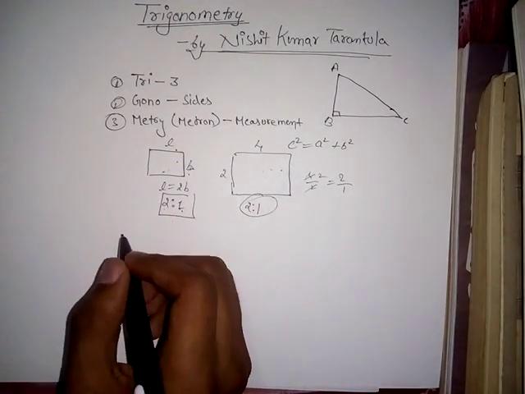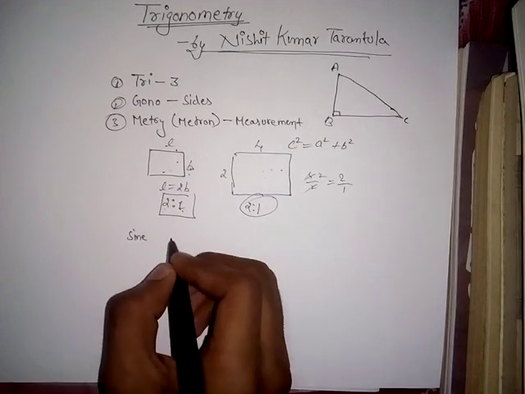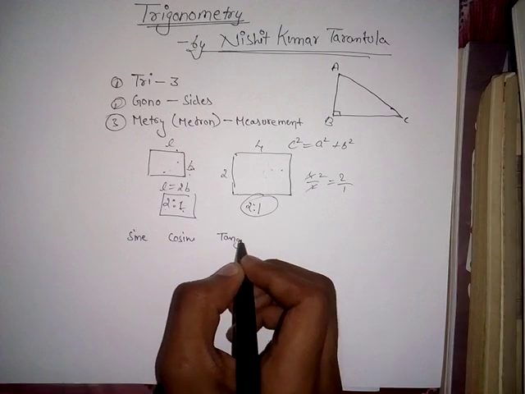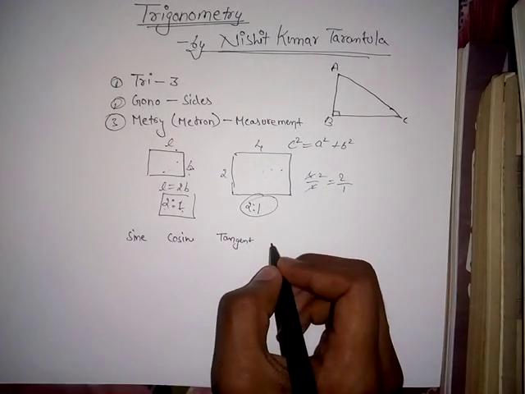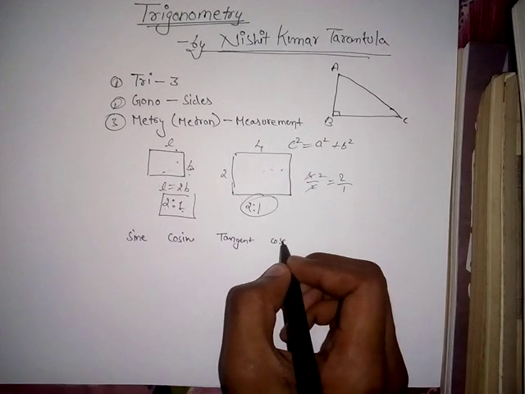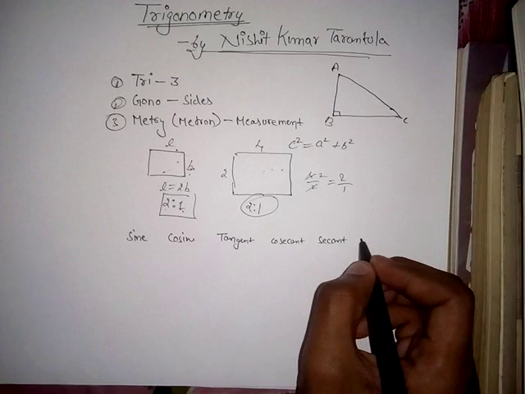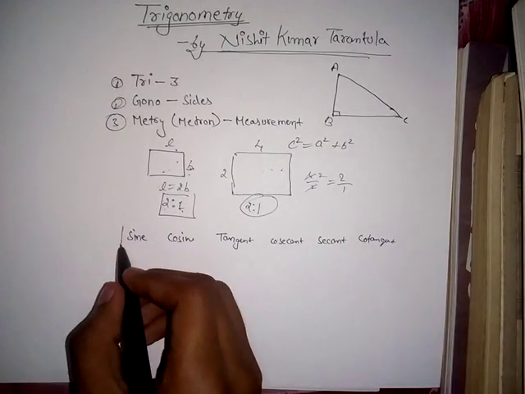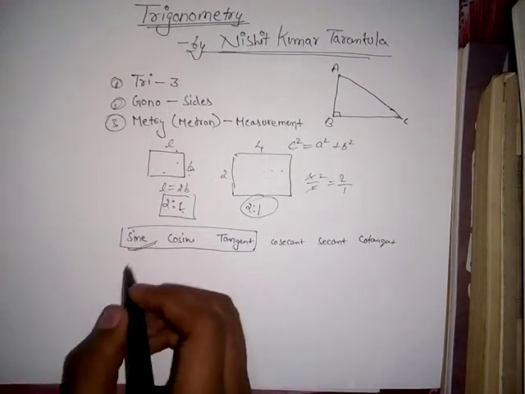So we have 3 major trigonometric ratios. First is sine, second is cosine, third is tangent. These 3 are the main, and the other 3 are cosecant, secant, and cotangent. Let's focus on these 3 first. Sine.